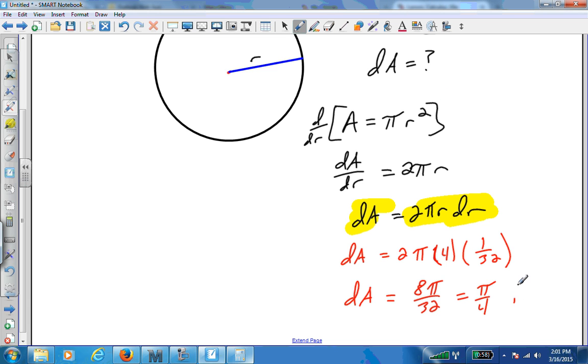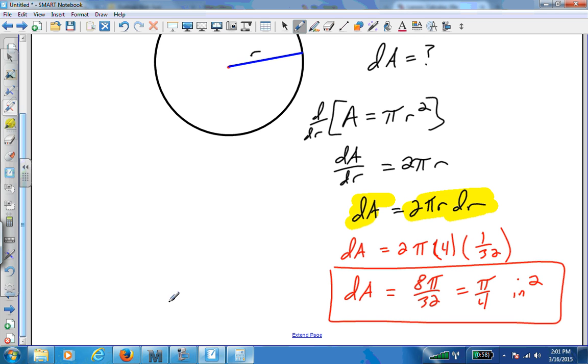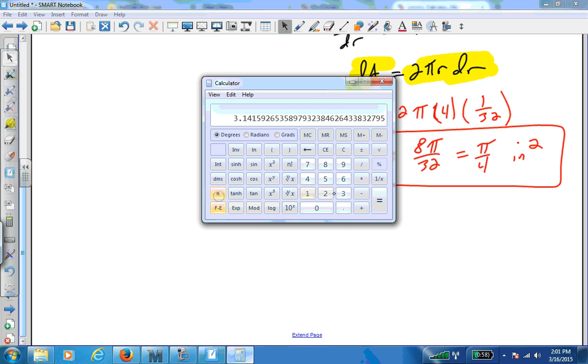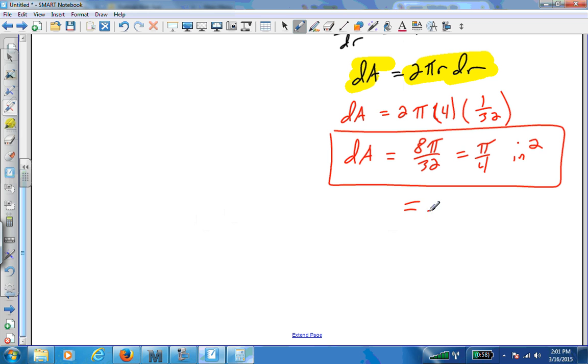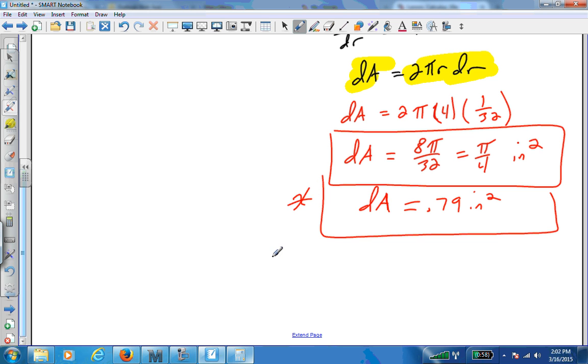If r was in inches, this dA would be in square inches, which pi over 4 is 0.78, or 0.79 square inches. So if I have the potential of having an error in measuring the radius of a 32nd of an inch, then I'll be potentially off in my calculation by 0.8 of a square inch when calculating the area.